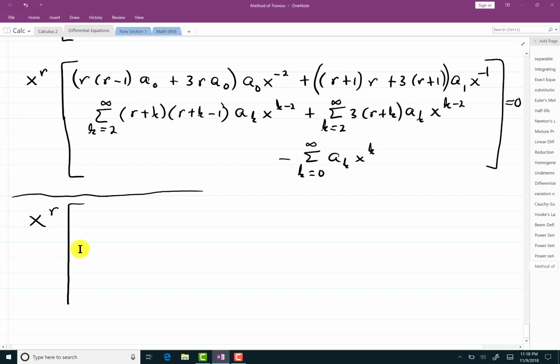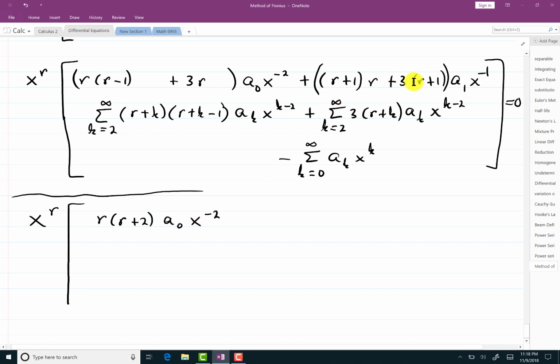And let's see what happens next. Let me go ahead and do some simplifying in here. Okay, so let me go ahead and pull an r out of here. When I factor the r out, I'll get r times r plus 2, and that's attached to a sub 0 x to the negative 2.